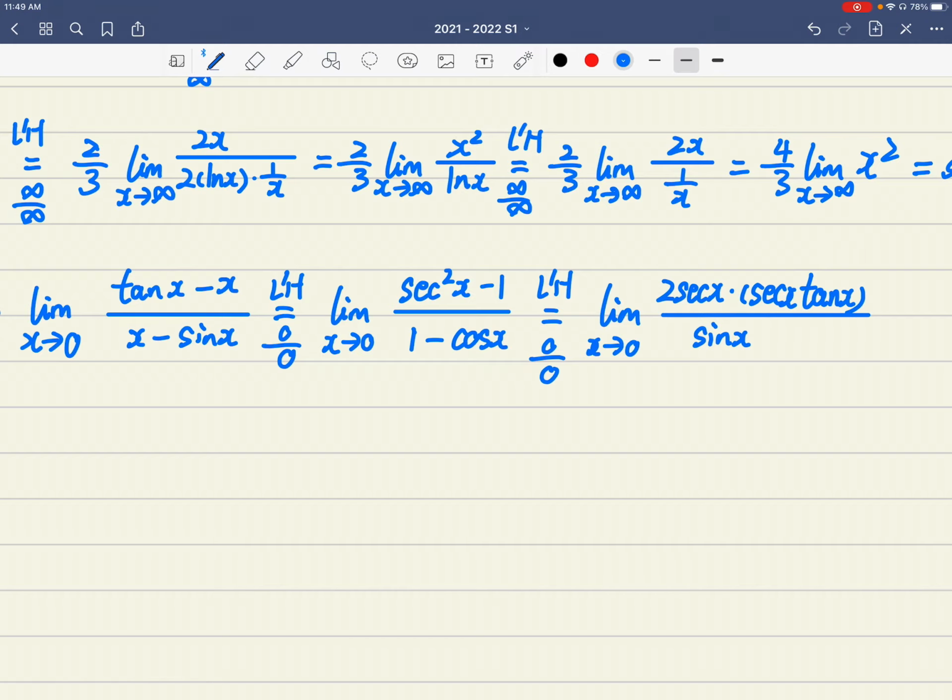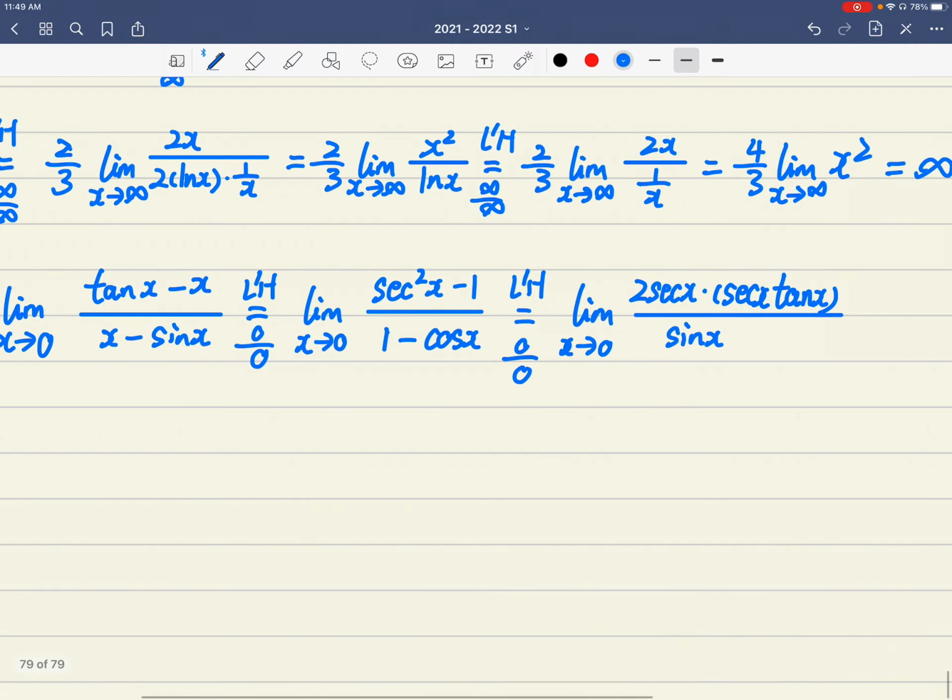All right, so here again you can substitute. The bottom is 0, the top is 0. But instead of continuing to use L'Hopital's rule, I notice that all the constants have disappeared, so now it's easy to do some trigonometric transformation. Let's put 2 outside. Secant x is 1 over cosine x.